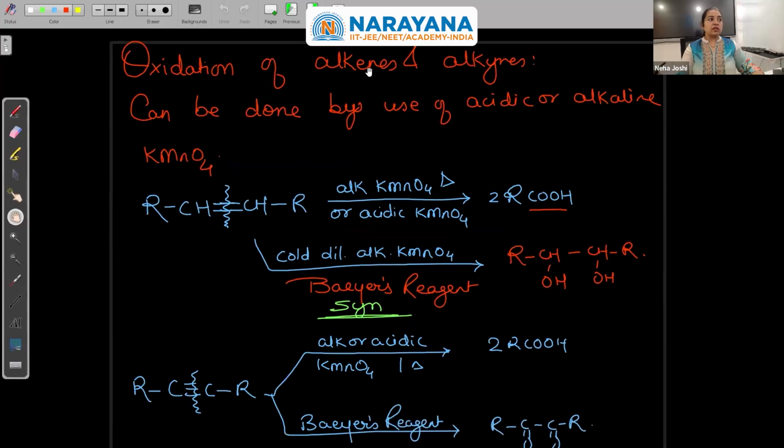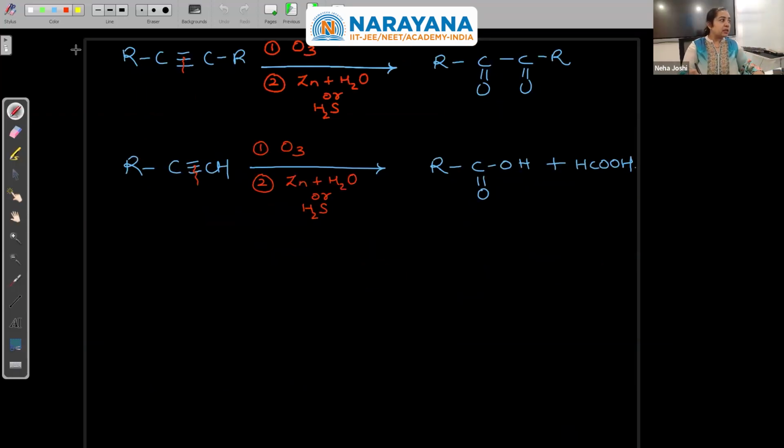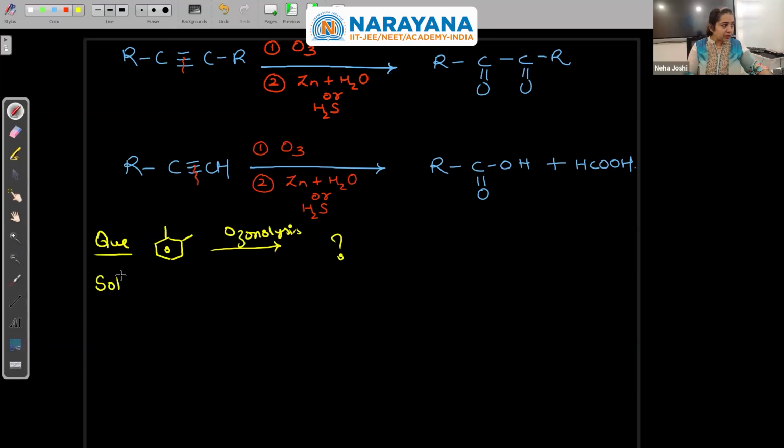Okay. Oxidation of alkenes and alkynes can be done by use of acidic or alkaline KMnO4. Now, one more thing I'd like to add. Be very cautious for this particular ortho-xylene. If we are asked the ozonolysis products for this, then particularly as it is given in NCERT, yes, it is aromatic.